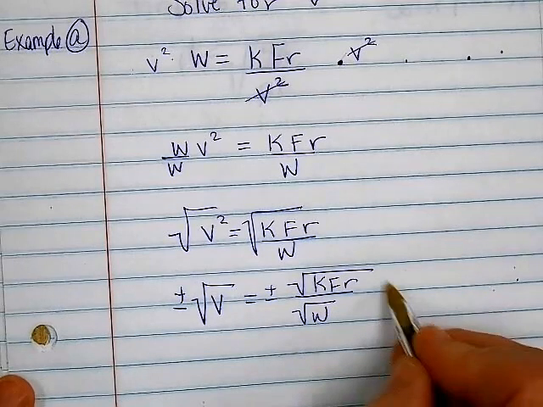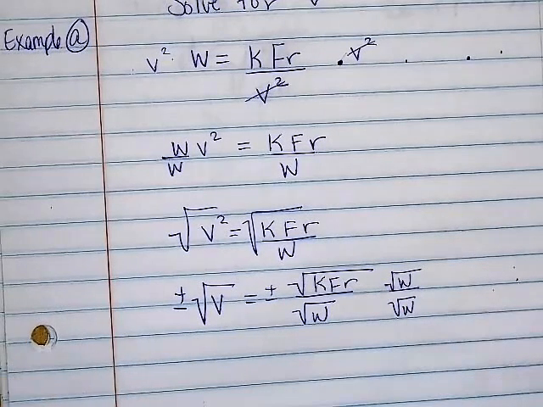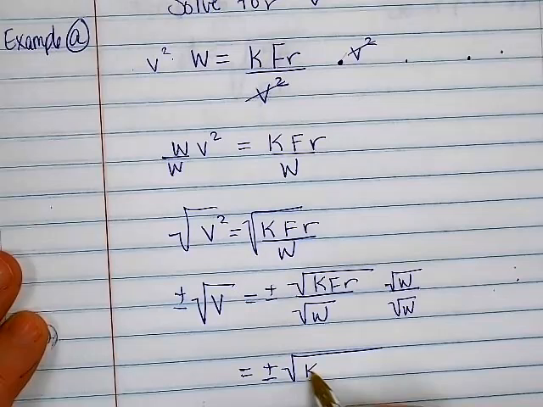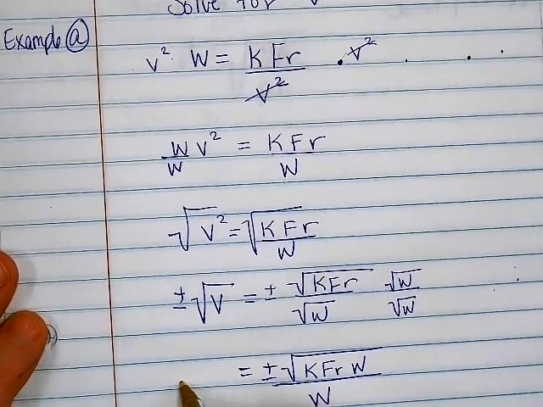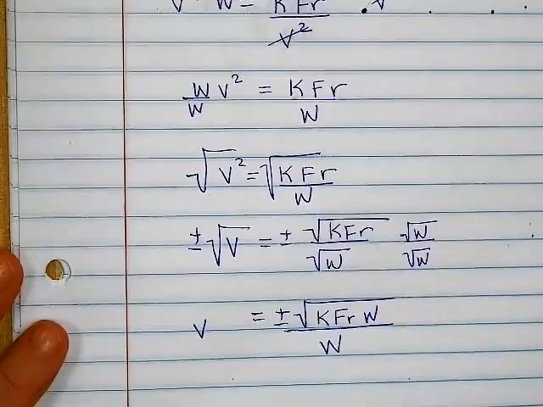So to fix that, I have to multiply by the square root of W over the square root of W. When I do that, this is plus or minus the square root of KFRW, and the denominator, we release that square root, is equal to W. So V is equal to plus or minus the square root of KFRW over W.